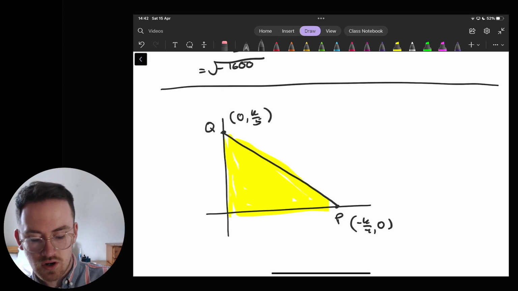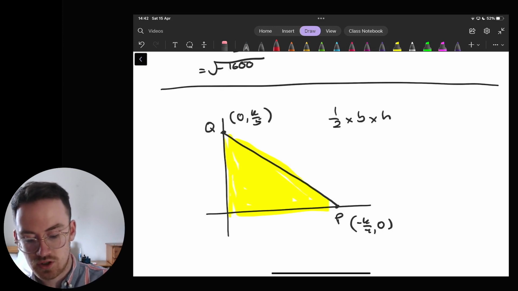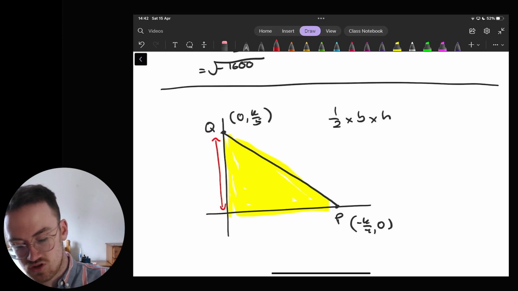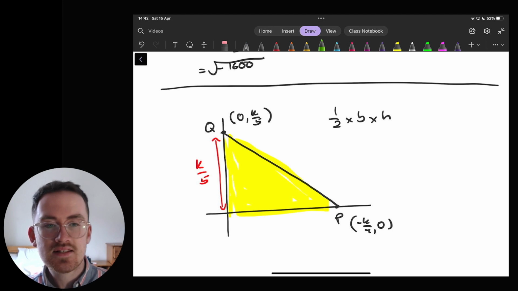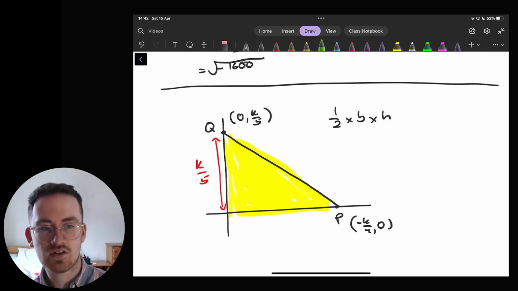If we were to use our other formula for the area of a triangle, which was half base by height, and that's the formula you would generally have used for finding the area of any kind of triangular shape, we can say that distance is going to be k over 5, because it's the distance from the bottom of the y-axis up to that point along the y-axis. It's how far up we've gone along the y-axis.